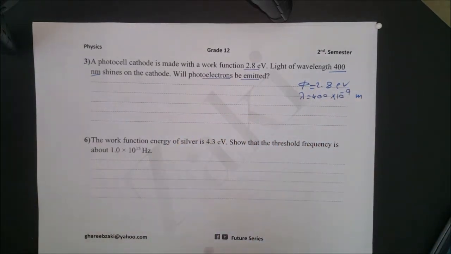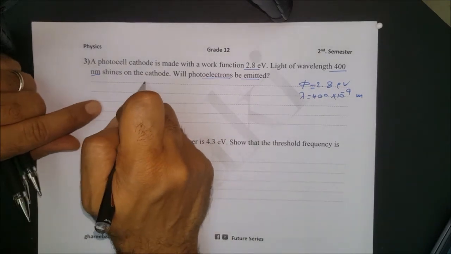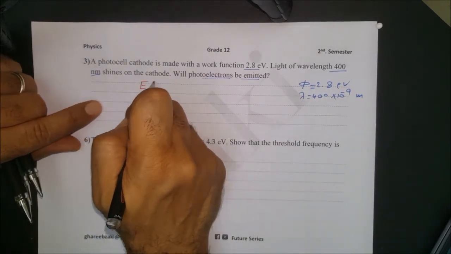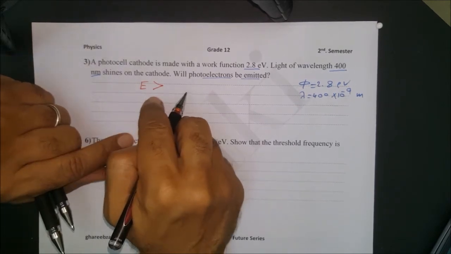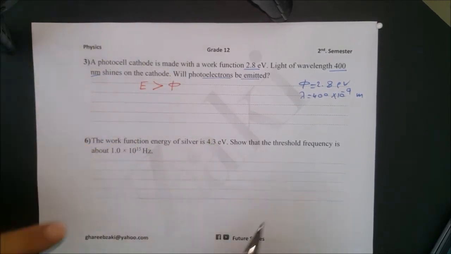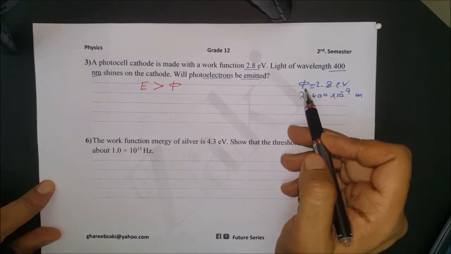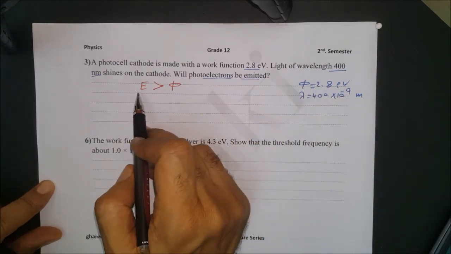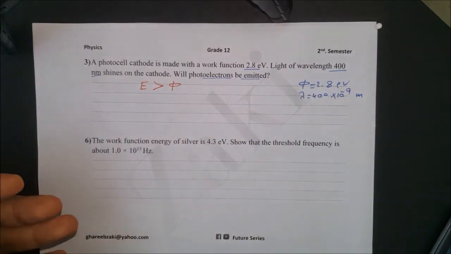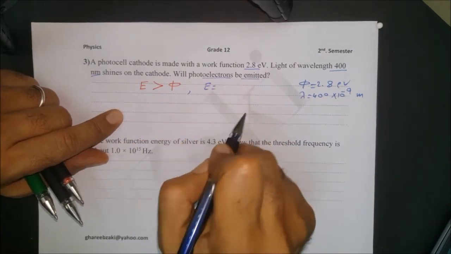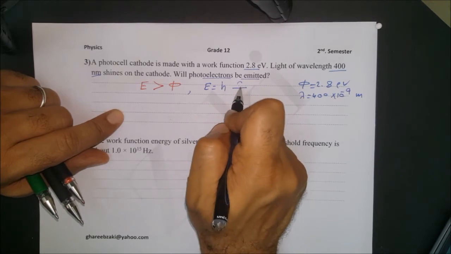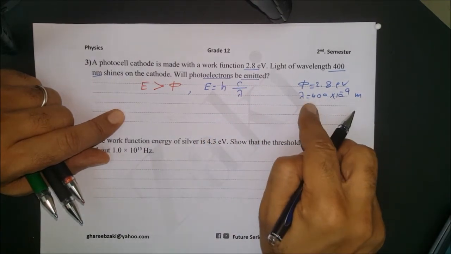Okay, the photoelectron will be emitted if the energy of incident light is greater than the work function. Already we have the work function, so we need to get the energy of incident light. The energy of incident light equals hc over lambda, because we have lambda.